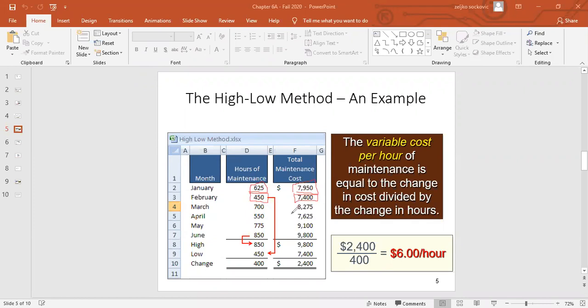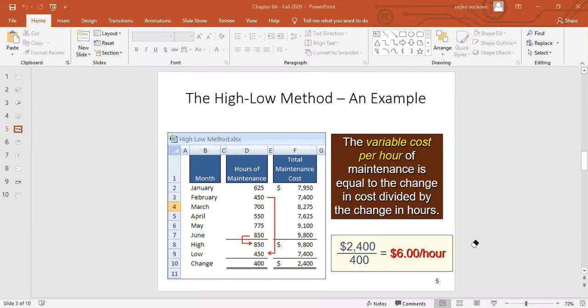You can see without a calculator, it's not. Is this $12 per hour? You can see it's not. So you get the idea right away that this is not purely variable cost. It's a mixed cost, clearly. If the question is high-low method, then you should assume, likely not every piece of the question is mixed, but you should assume that you're dealing with a mixed cost.